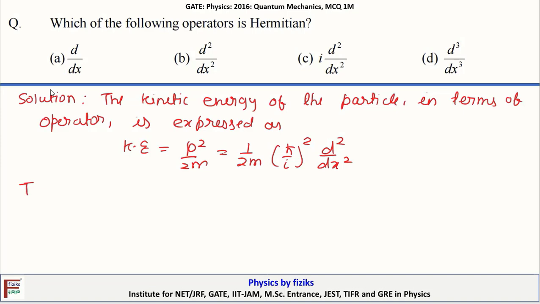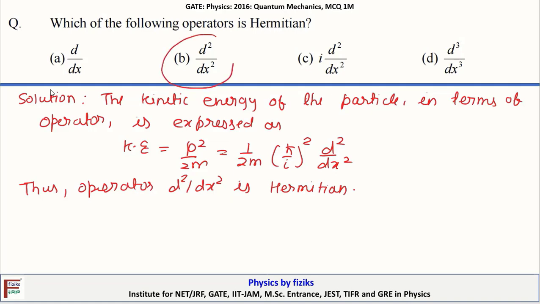Thus, operator d square by del x square is Hermitian. Thus, option B is correct for this problem.